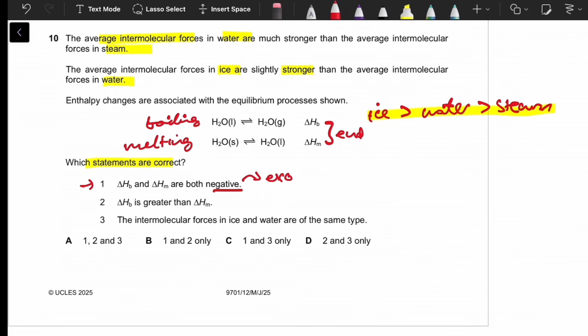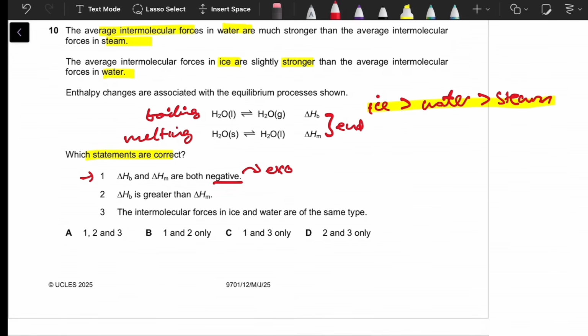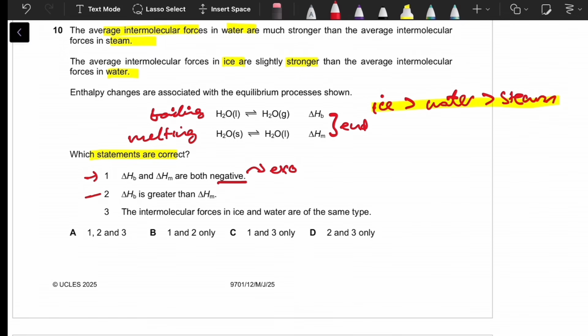Statement number 2 states that HB is greater than HM. This statement is correct because going from liquid to gas requires a lot more energy than going from solid to liquid, because you're completely separating the molecules. If we look at statement 3, it says intermolecular forces in ice and water are of the same type.